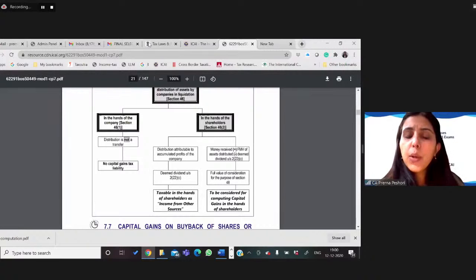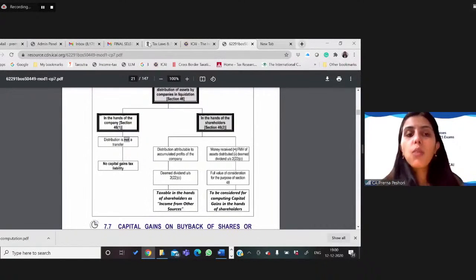Sumit, you're asking if the liquidator sells the assets and the fund collected from this is distributed to shareholders, whether the company is liable to capital gain? No. As I said, when you sell the assets, that time the capital gain would come. But when you distribute that asset as cash to the shareholders, that time there is no capital gain.